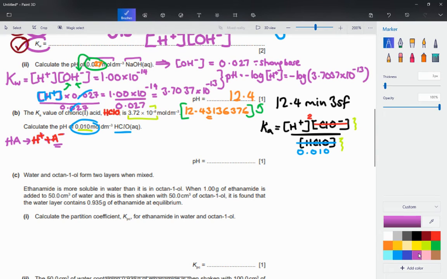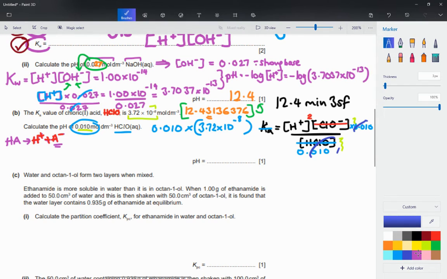So we're going to go ahead now with our isolation of H plus. So this Ka value here has been given as 3.72 times 10 to the minus 8. And now if we multiply both sides by 0.010, these two terms cancel out.